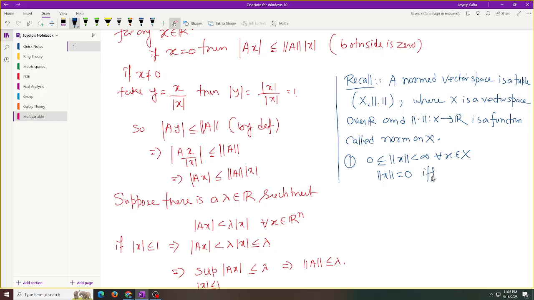Number 1, norm x is zero if and only if x equals 0. Number 2, norm of alpha x is mod alpha times norm x. Number 3, norm of x plus y is less than or equal to norm x plus norm y.